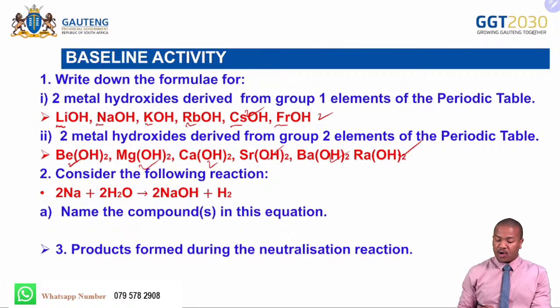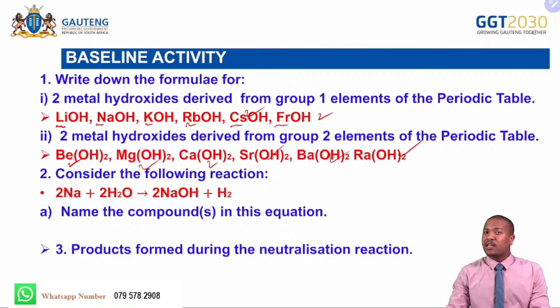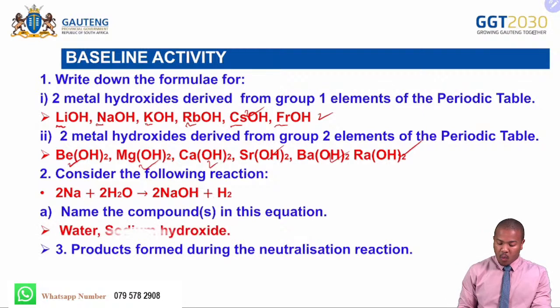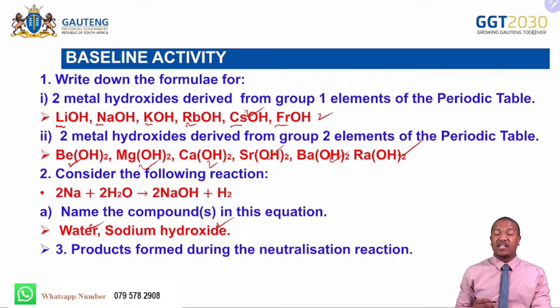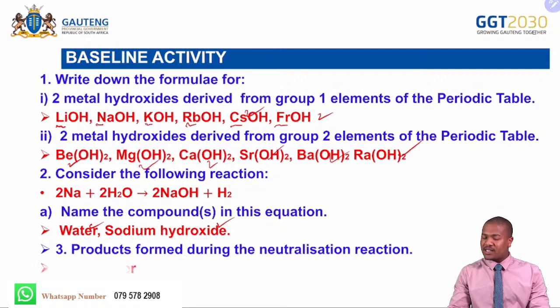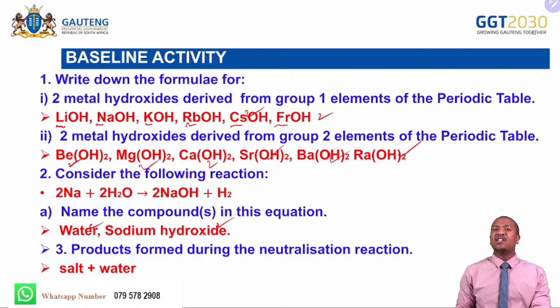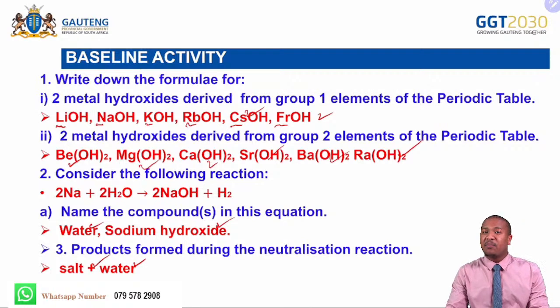So now, name the compounds in this equation. The compounds are water and sodium hydroxide. Mark your work. Then number 3, the products formed during the neutralization reaction. And the products are salt and water. So now I want us to take a minute and copy down the corrections.